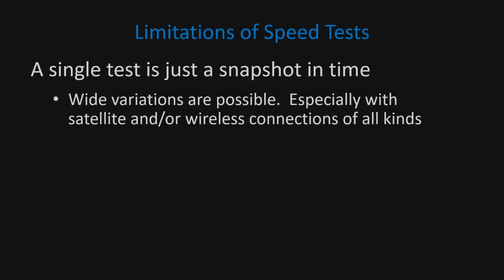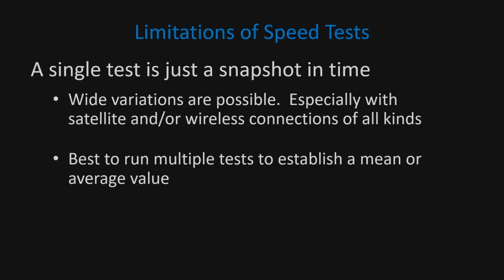Wide variations are always possible, especially when it comes to wireless connections. If you've got Wi-Fi, T-Mobile, or a cellular connection of any kind, or satellite connections involved, you're going to see variations, especially depending on time of day and even from minute to minute, depending on the current congestion issues.